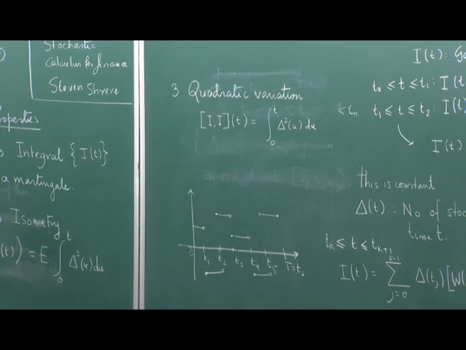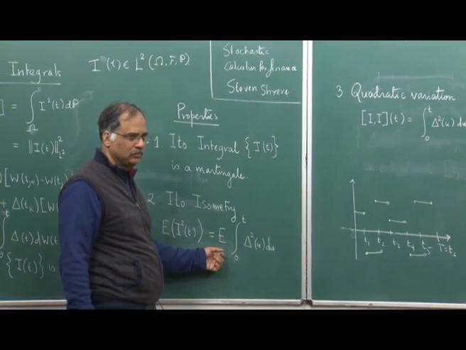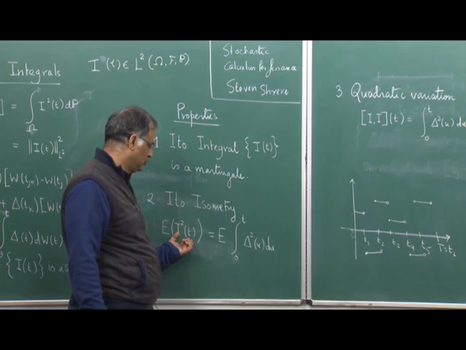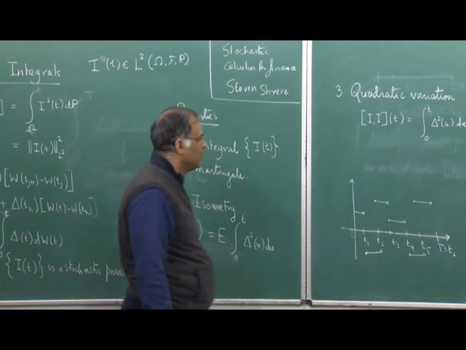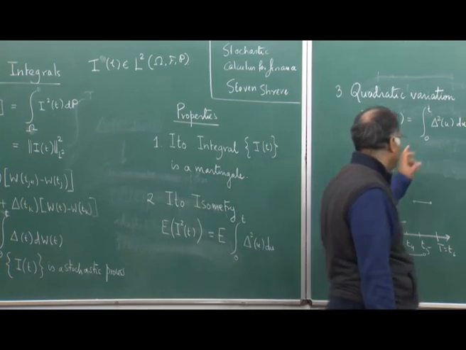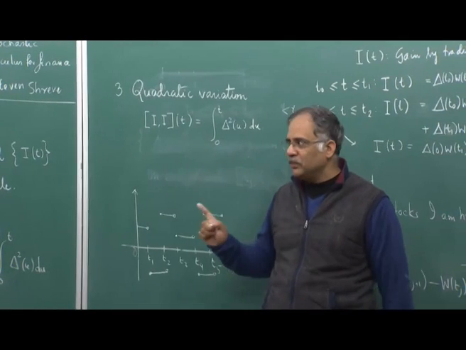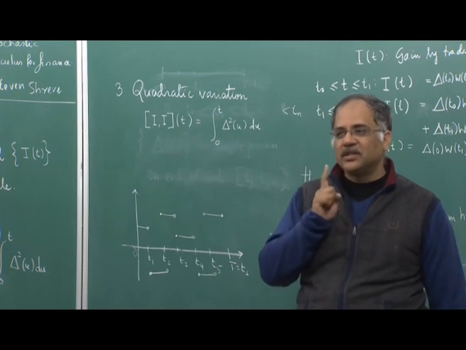So the Ito isometry says the following, that the L2 norm of I, the integral, is nothing but the expectation of the quadratic variation. The quadratic variation itself, whether of a Brownian motion or of this integral, is a stochastic process.